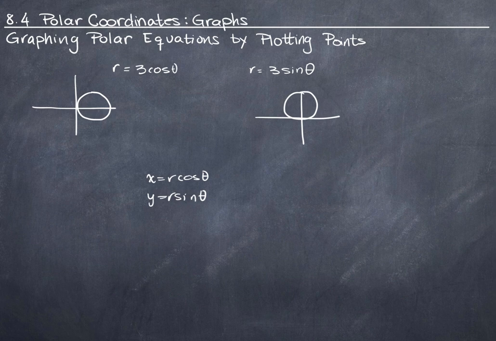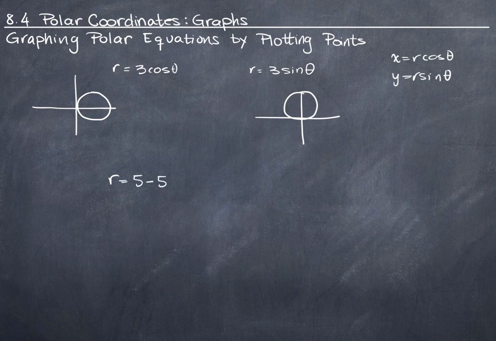Now I'm just sketching them here. I don't have a scale on my axes, so I don't really know what the diameter of the circles are. But that's okay. I'm just kind of trying to make a point here. Remembering these two things will help us in this case. And this is true with things like r equals 5 minus 5 cosine theta. Actually, I'm going to go with plus for right now.